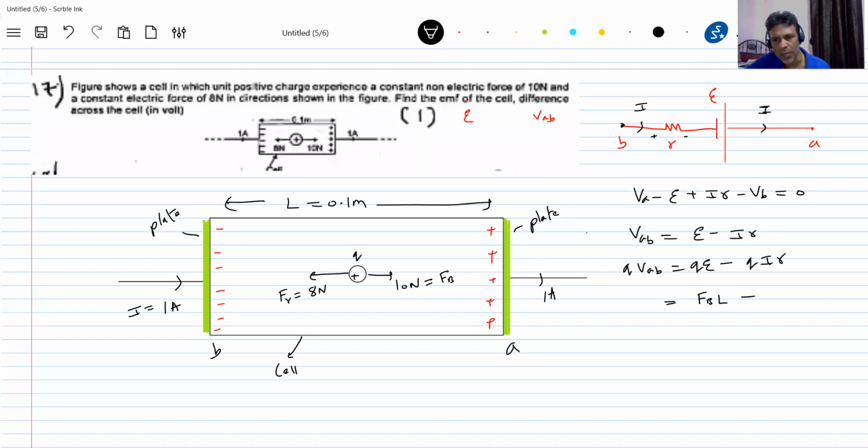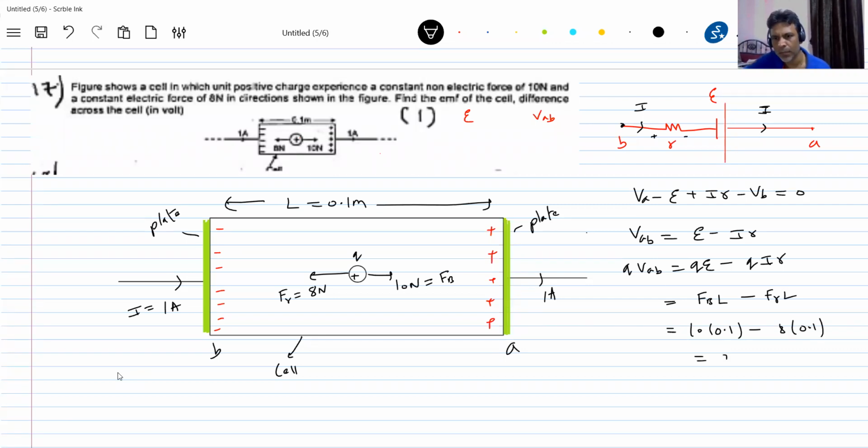In place of QIR, what should be written? 8 Newton into this, so this will be FR into L. So FB into L will be 10 into 0.1, and FR into L is 8 into 0.1.